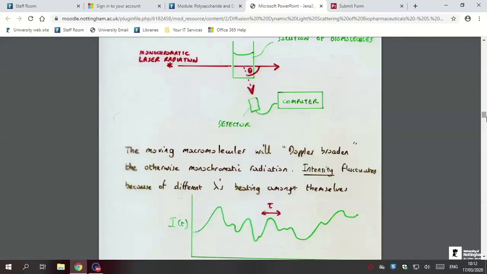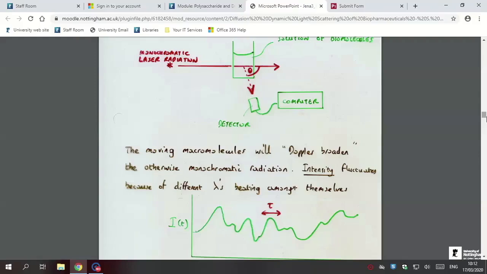But because the particle is moving, when it emits the radiation, the detector is picking up something that's emitting radiation at a particular wavelength that's moving relative to the detector, and this is called the Doppler effect.